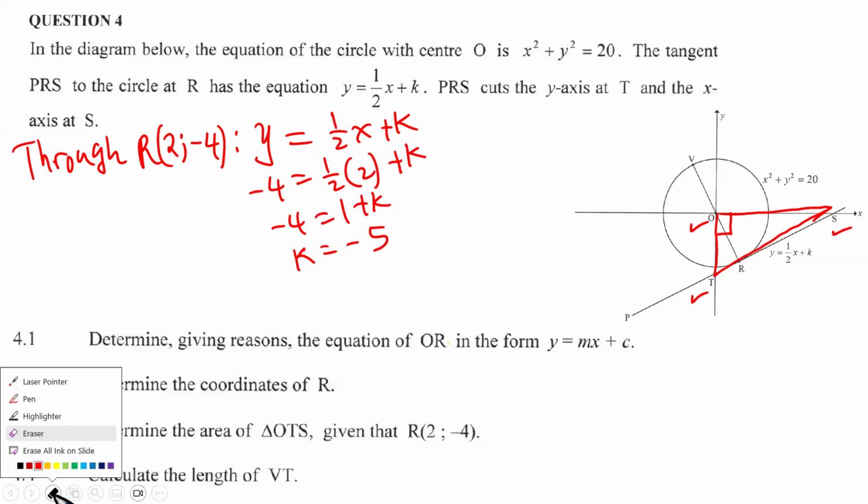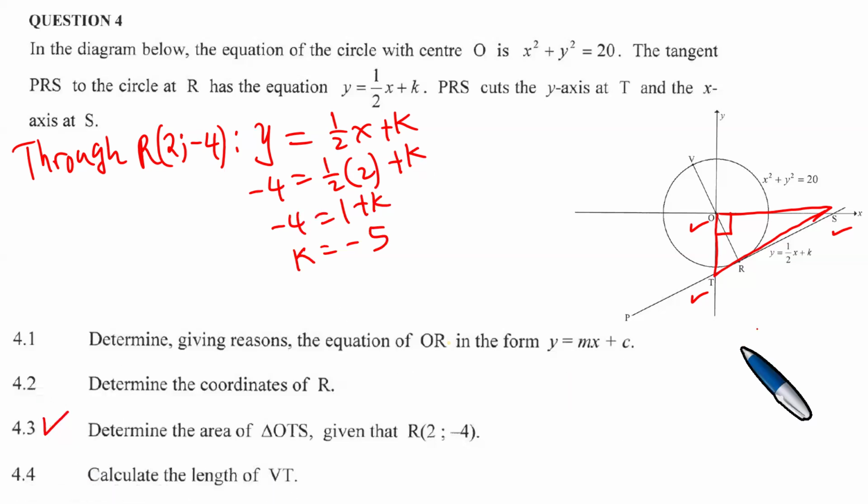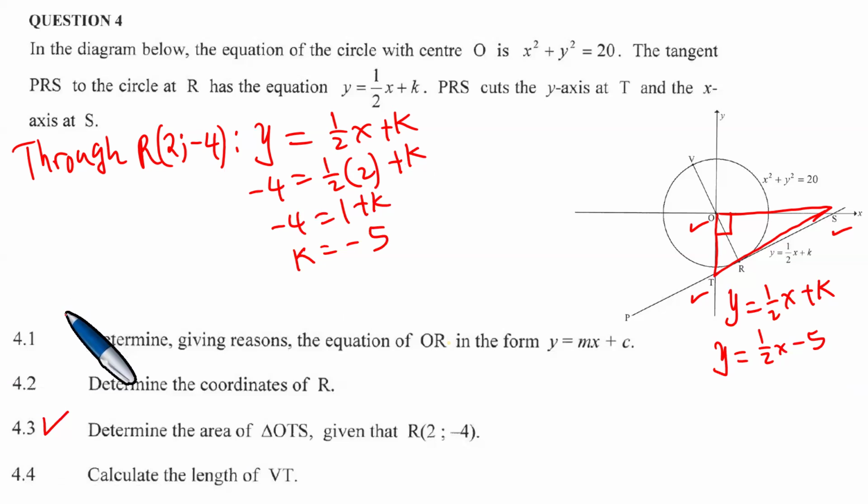So, right, we're able to then say that the equation of the line was given as 1/2 x plus k by the examiner, but it is exactly 1/2 x minus 5. If this is the case, we want to continue and proceed to find the area.